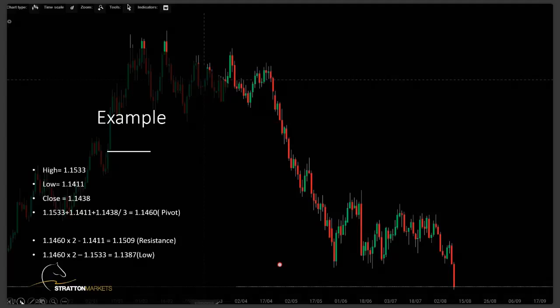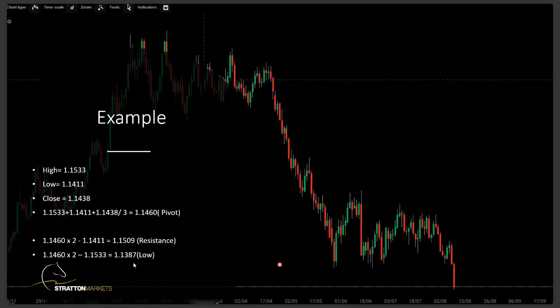And for the support, I took the pivot point again, times it by 2, minus the high, and again, it gave me the potential support. Now, the theory is, if an asset is trading above the pivot point, then the trend is bullish, apparently, in the theory.